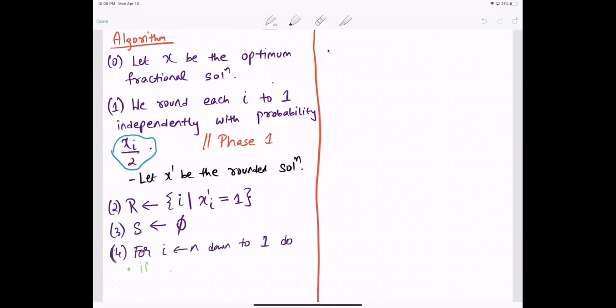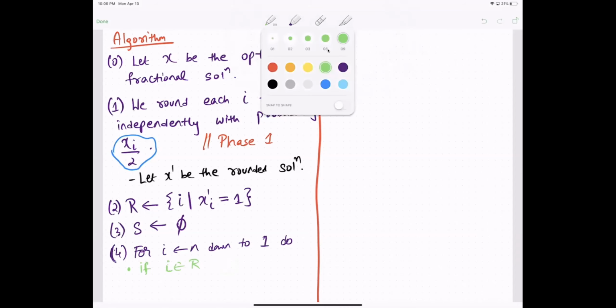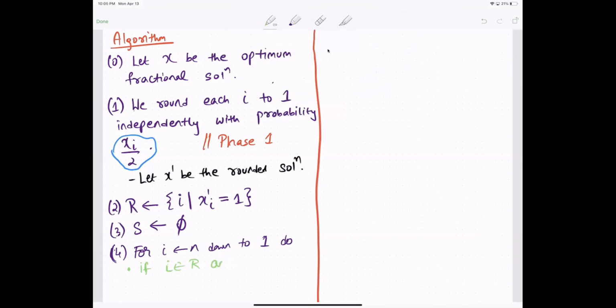If I belongs to R, and S, so we keep adding something to S, right?